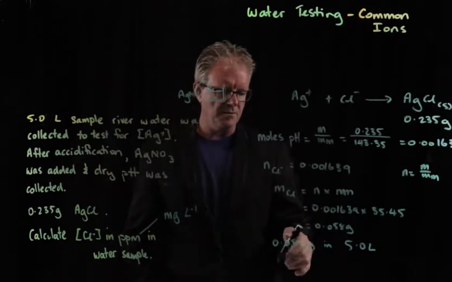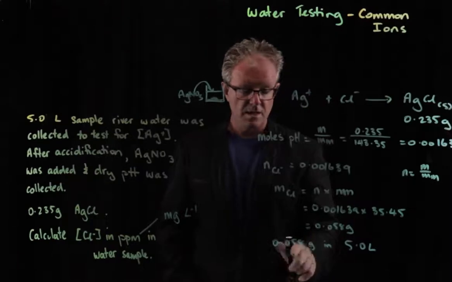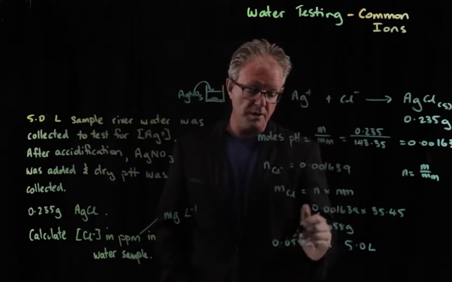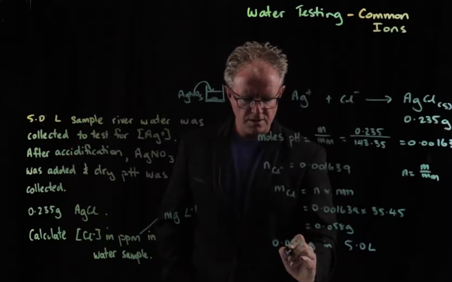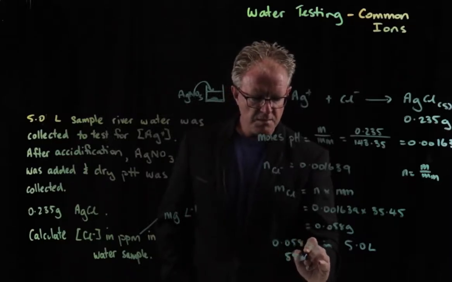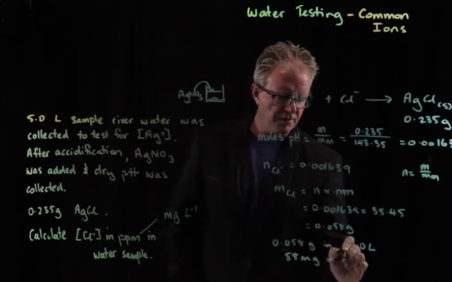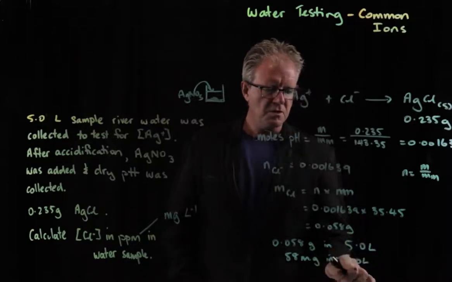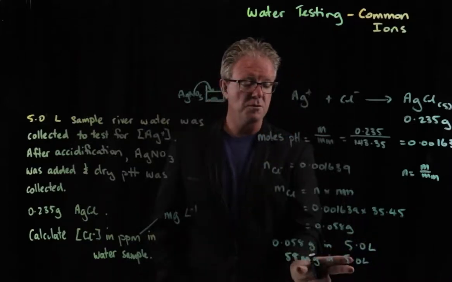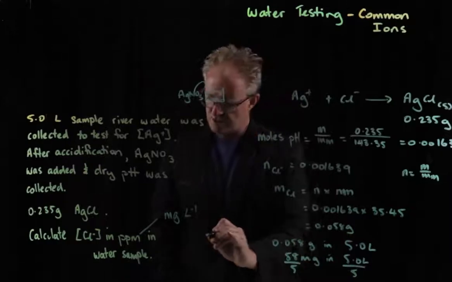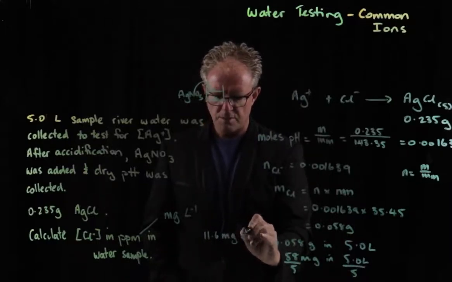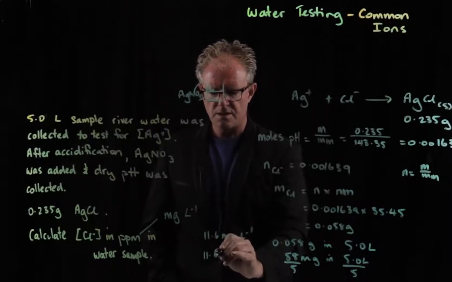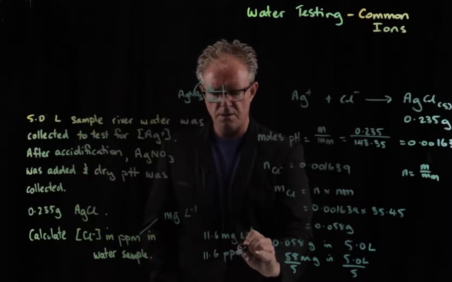We've got to times it by 1,000 for milligrams. So that's 58 milligrams in 5 litres. But then we've got to divide both sides by 5 to make it per litre. And that turns out to be 11.6 milligrams per litre, which is 11.6 parts per million.